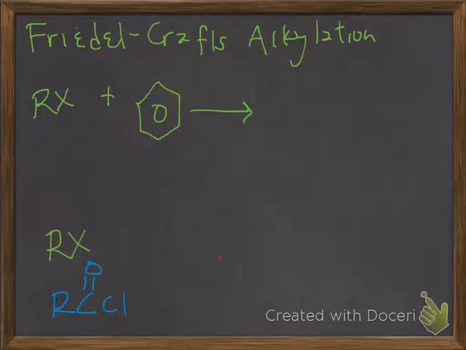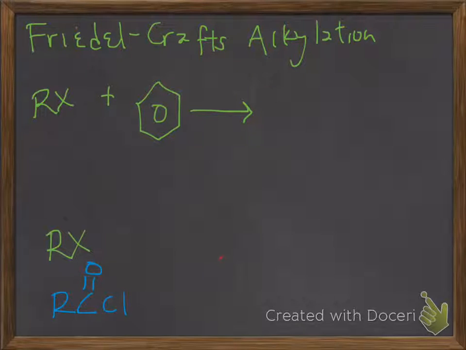Okay, the next class of electrophilic aromatic substitution reactions is called the Friedel-Crafts Alkylation. So this should already give you an idea of what's going to be going on. Alkylation means we're adding an alkyl group, so a carbon-containing group.